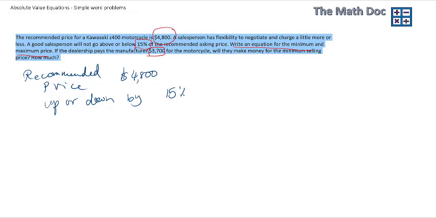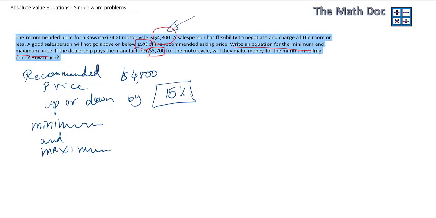And what we're looking for is the minimum and maximum they will sell the motorcycle for, right? So we probably need to figure out, first of all, what is 15% of this recommended asking price.